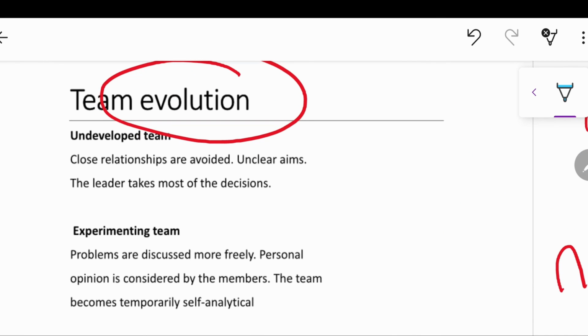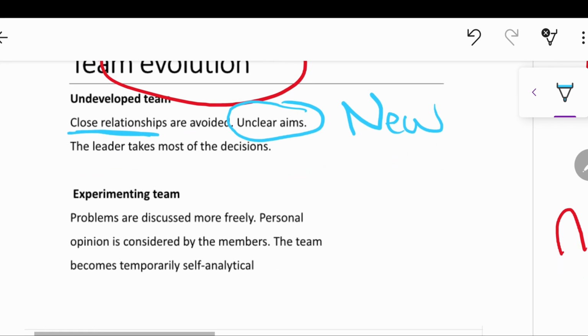First, you have the undeveloped team. There isn't a real relationship. All right, there isn't any real aims of the team. This is just a newly made team, new team. Then now you have the experimenting team.